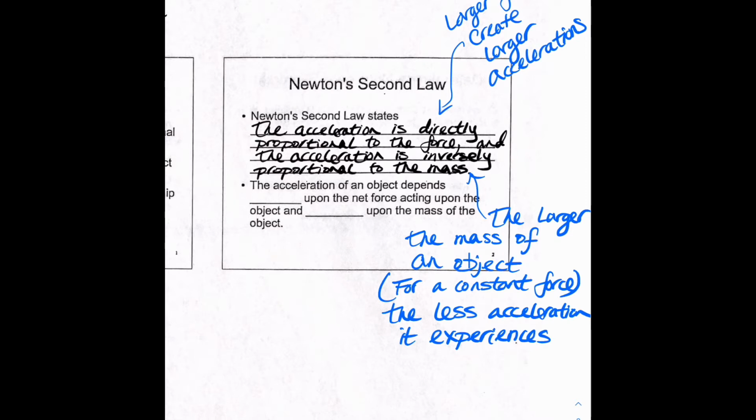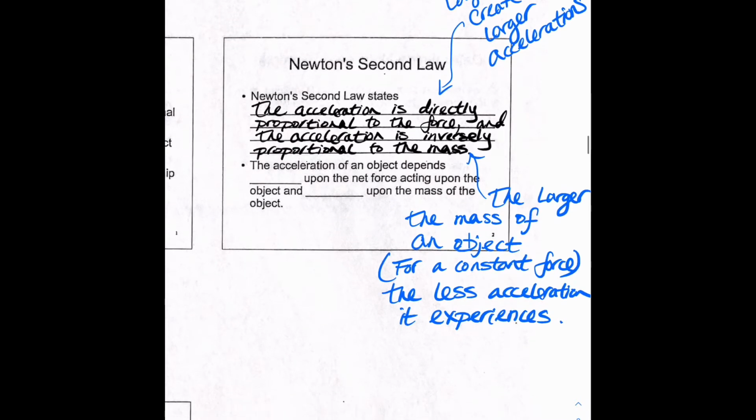The larger the mass of the object for a constant force, the less acceleration it experiences. The smaller the mass of the object, the more acceleration it experiences. Okay, so they're opposite.